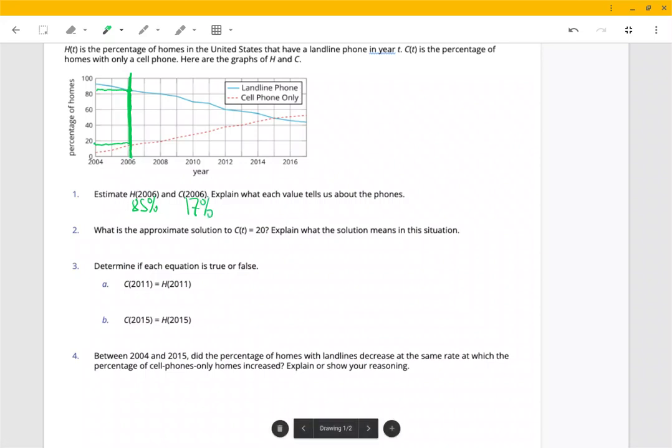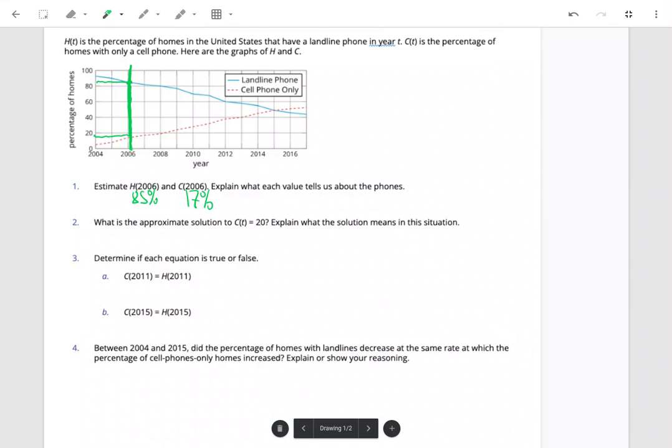Okay. So estimate H of 2006 and C of 2006. We did that. Okay. Then explain what each value tells us about the phones.